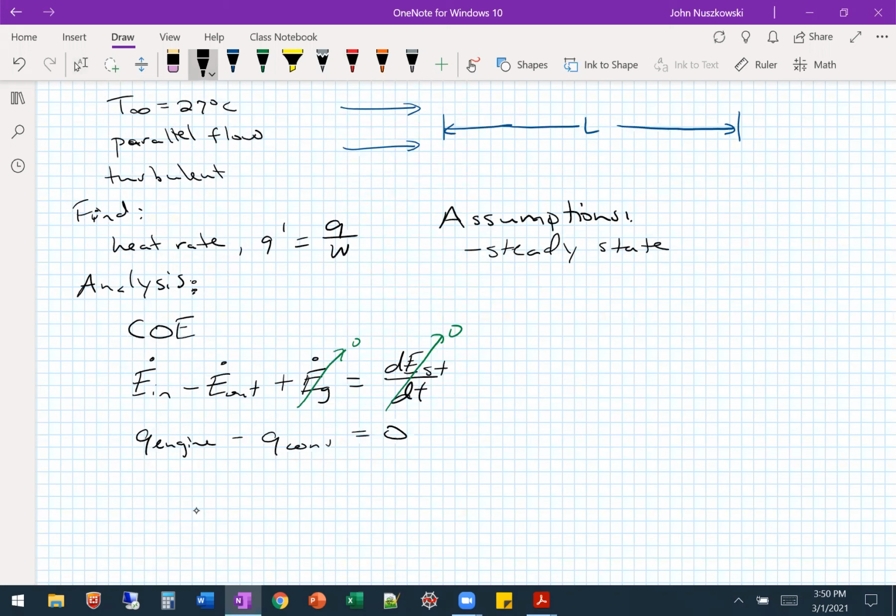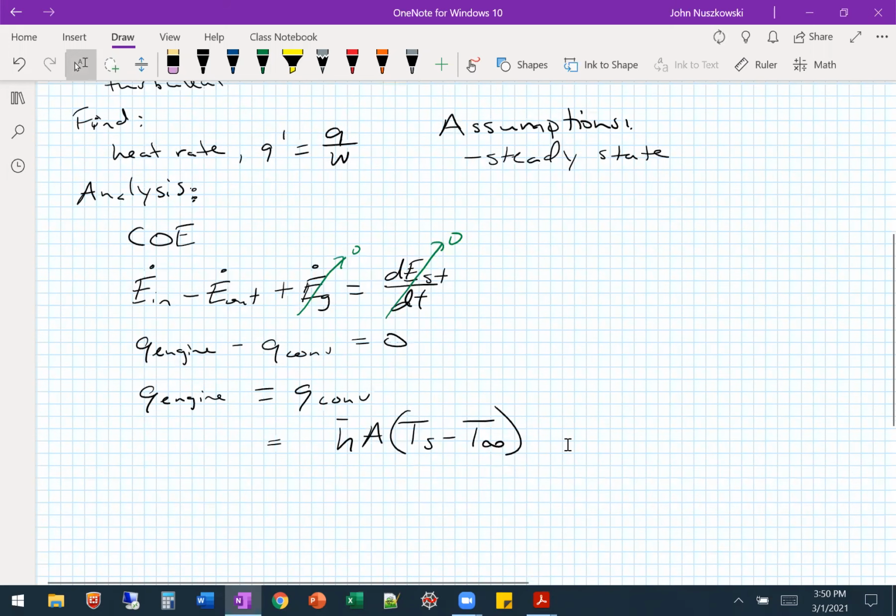All right. So what's coming from the engine is being lost in convection, right? So we have then Newton's law of cooling, right?